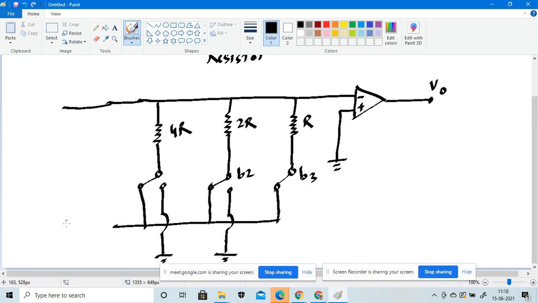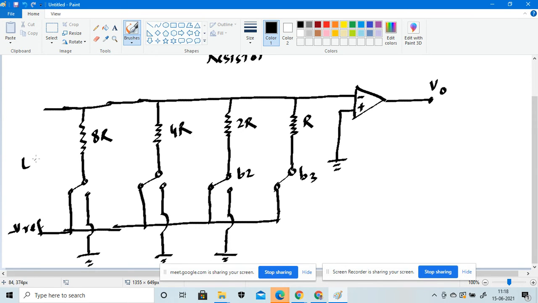and we are again considering the 8R, right? So this will be my minus of V reference.